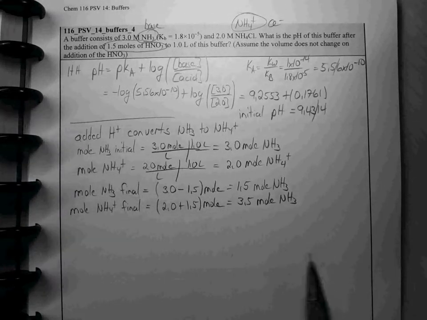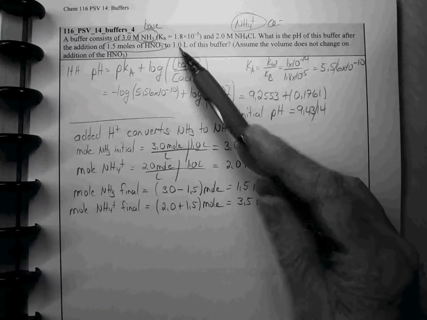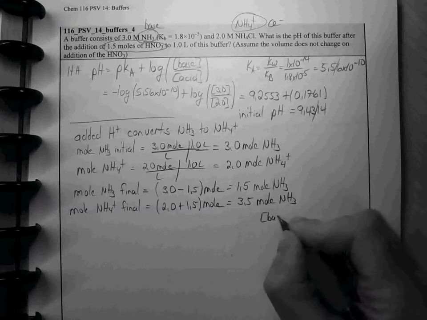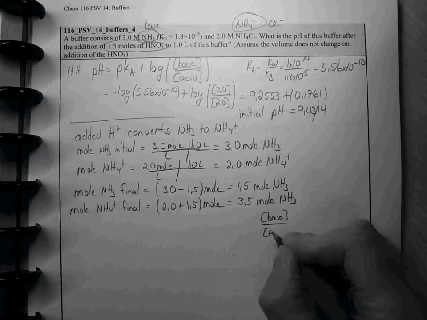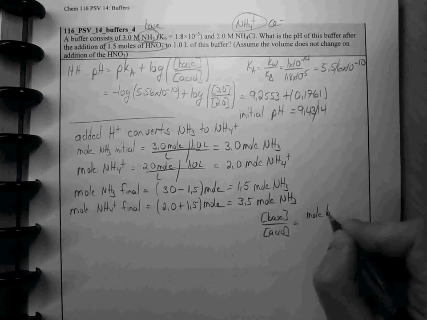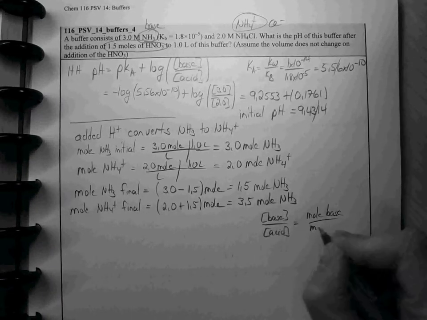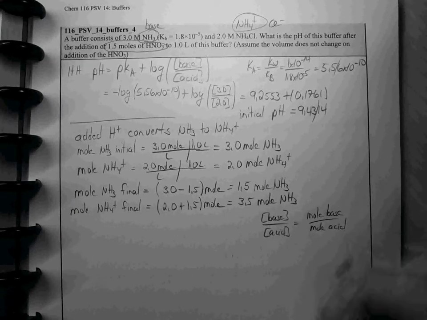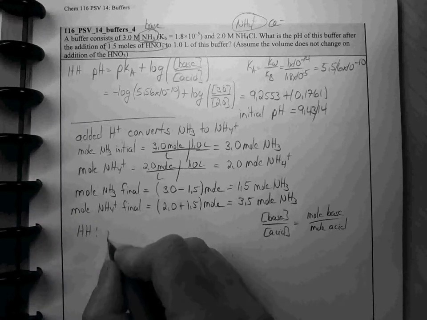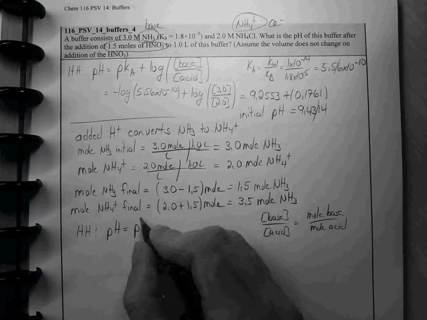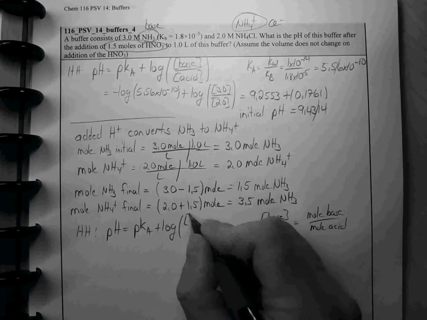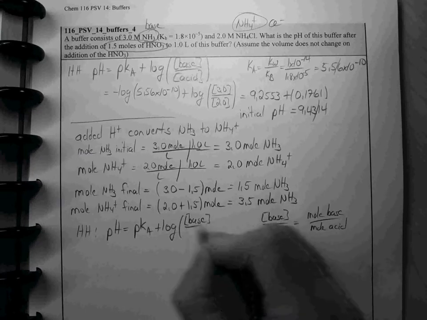Okay, we remember that we're in the same volume for both the acid and the base, so we can take the shortcut that the concentration of the base to the acid is going to be the same as the moles of the base to the acid. So when we apply Henderson-Hasselbalch, pH is pKa plus log ratio of our base to our acid.